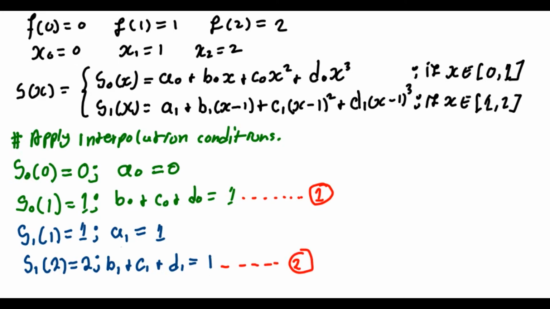One thing that we have already found is the fact that our a naught is equal to 0, our a1 is equal to 1. So among the 8 coefficients that we are looking for, we already have 2 of them, so about 6 are remaining.